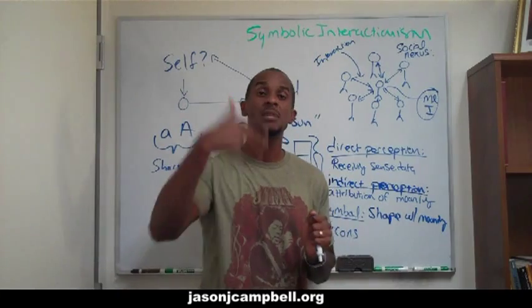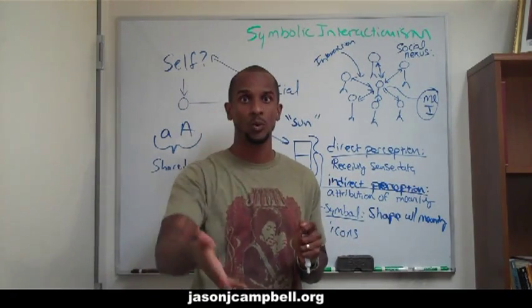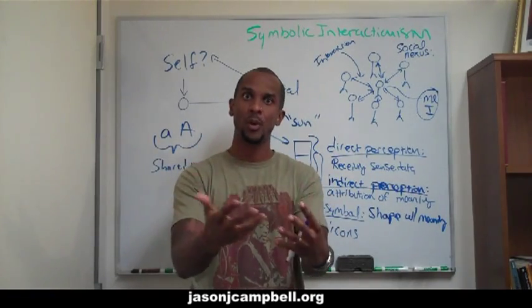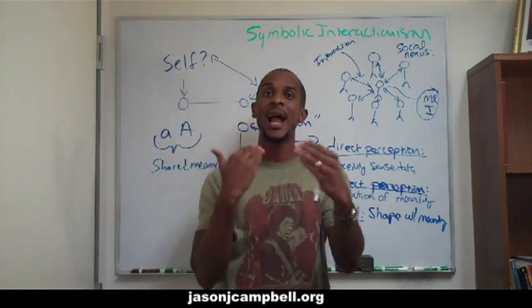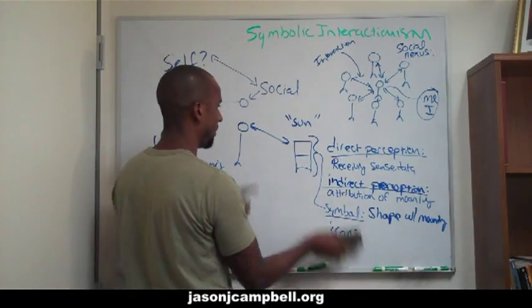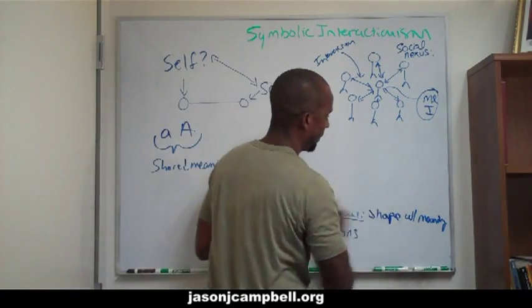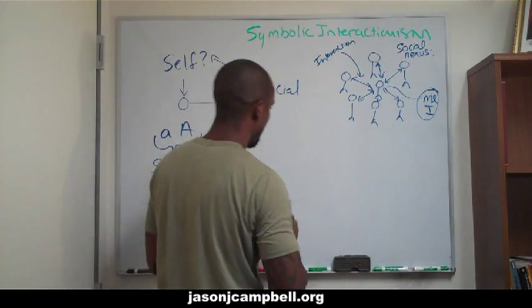It is the attribution of meaning to forms and figures and shapes in the world, that we attain a sense of the significance, the importance of the world, and also of ourselves, so that human beings are interacting with symbols, right?